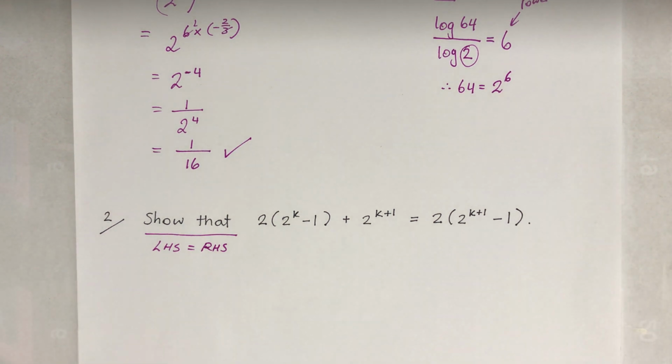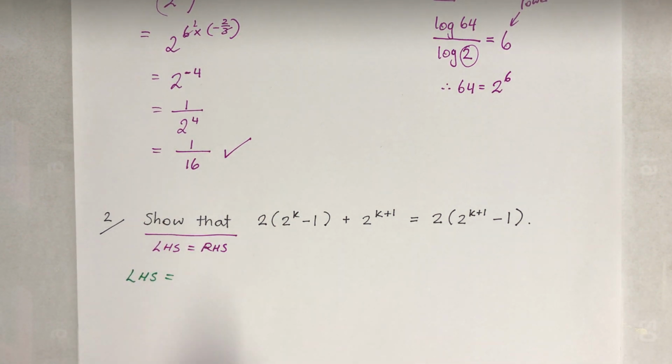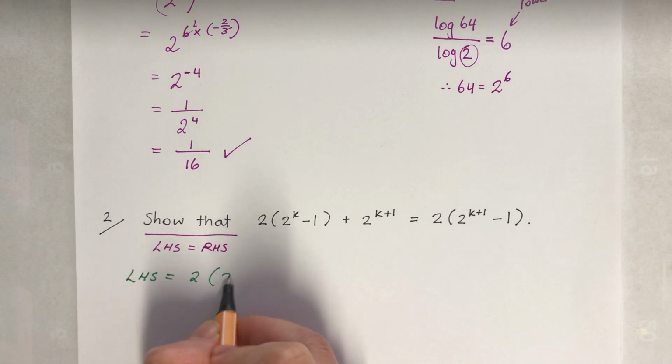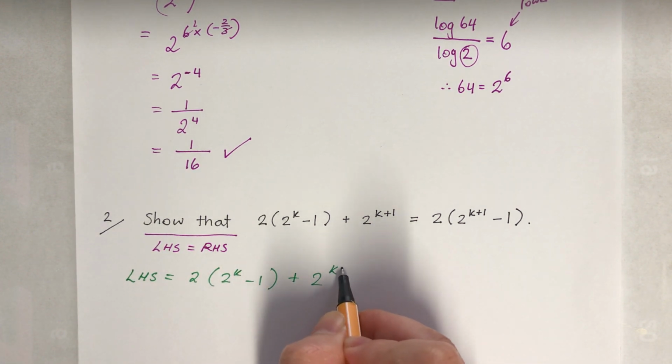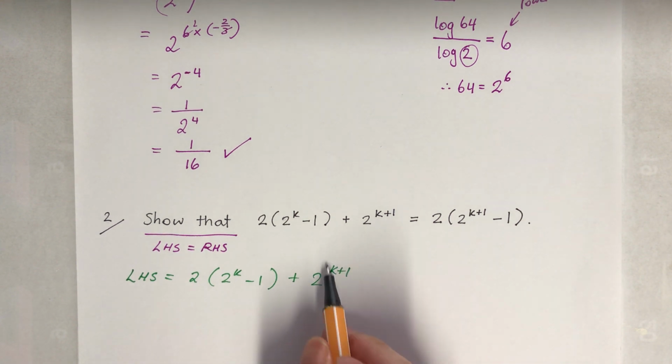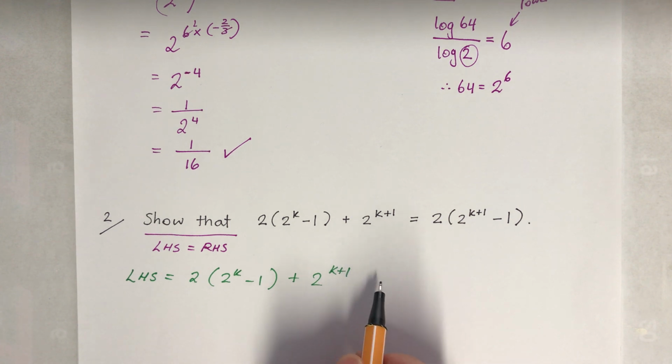Okay, I'm going to change the color just because I feel like it. So left hand side, I'm going to rewrite the question. Plus 2. So make sure that is the smaller, because the power is k plus 1, not power of k and the plus 1.